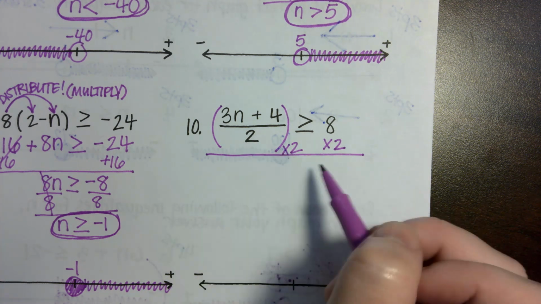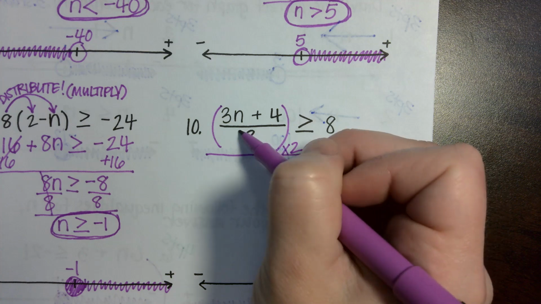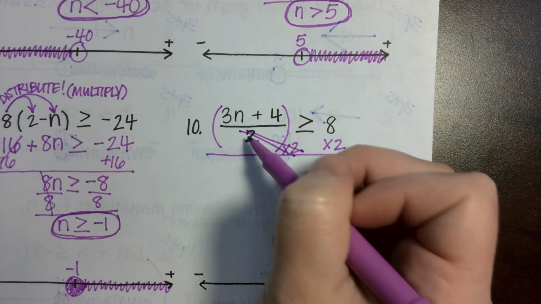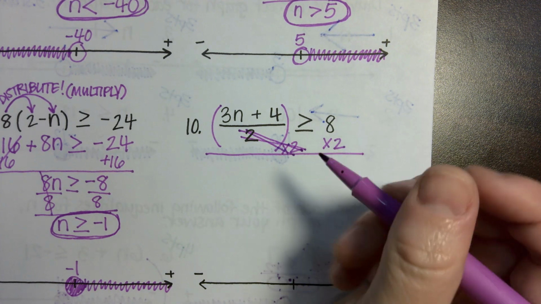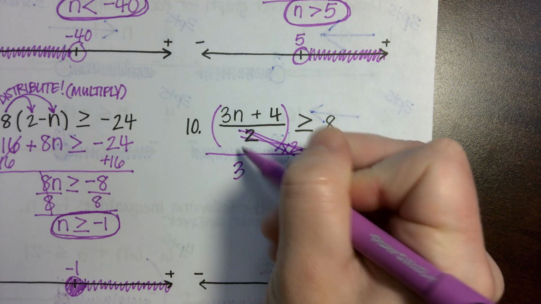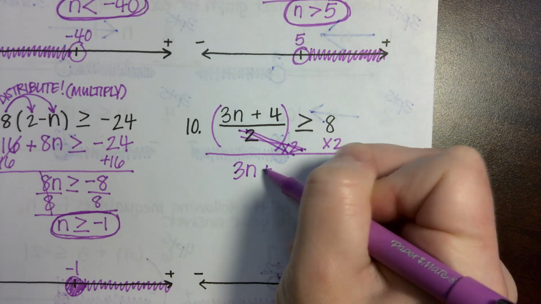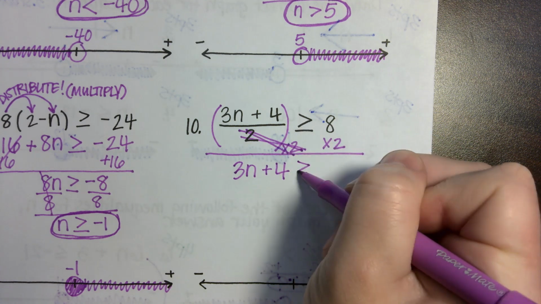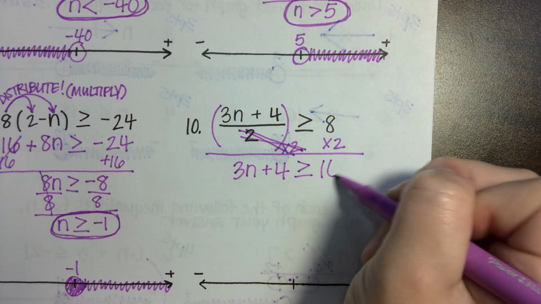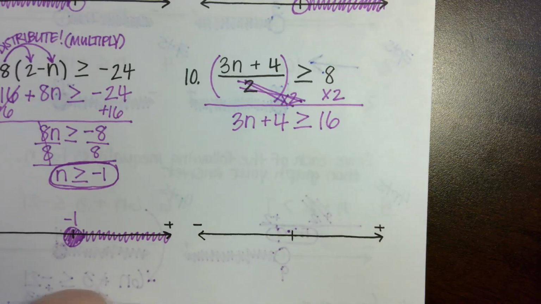And what happens to my 2's? They cancel on this side of the inequality. So what am I left with? 3n plus 4 greater than or equal to 16. Perfect. I'm left with 3 times n plus 4 is greater than or equal to 16.